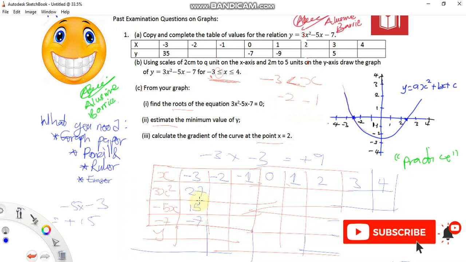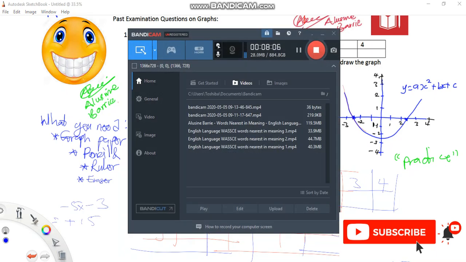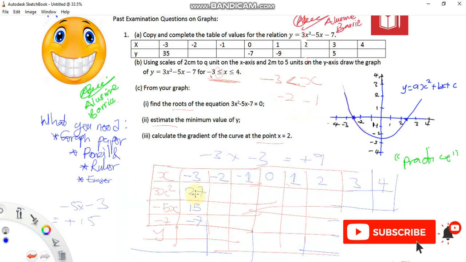So we add them all together. We say 27 plus 15 minus 7. So 27 plus 15. 20 plus 15 is 35, 35 plus 7 is 42.